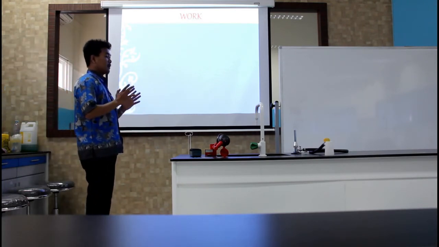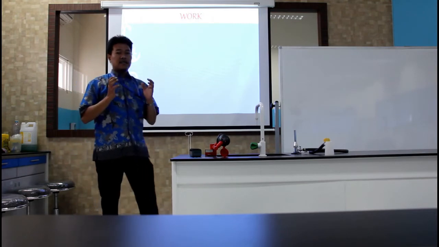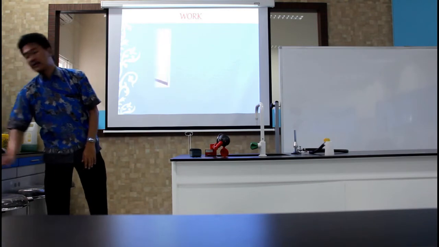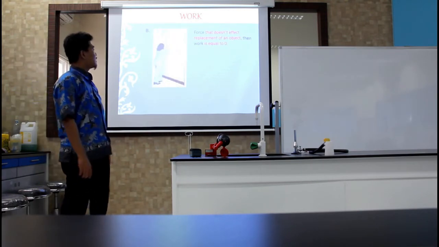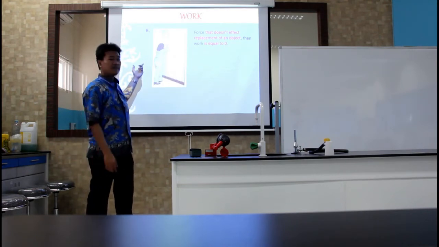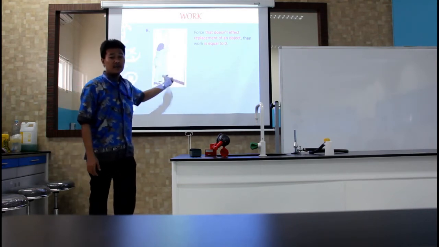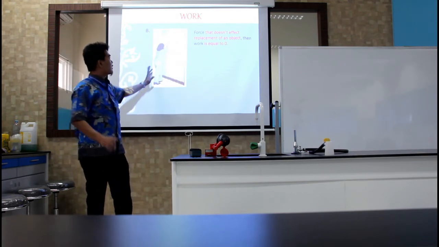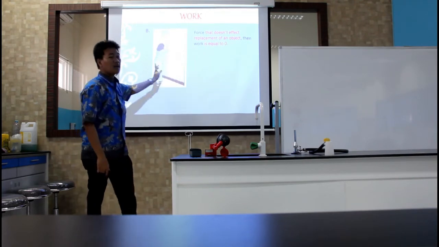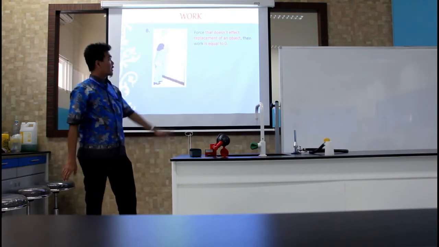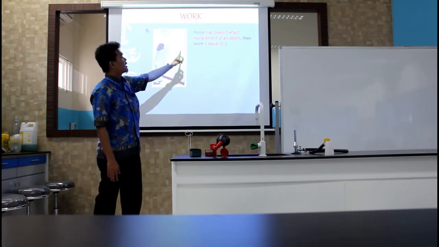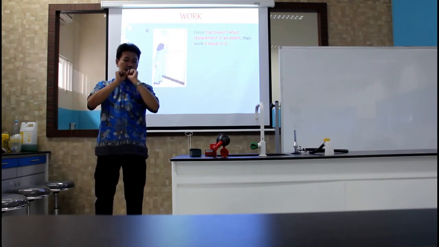This is the same case as the first picture in the first slide. Look at it. There is a girl. Is this a girl or a man? I think this is a girl, because she has long hair. The girl is trying to push the wall, but the wall doesn't move. A force that doesn't affect the displacement of an object means work is equal to 0.